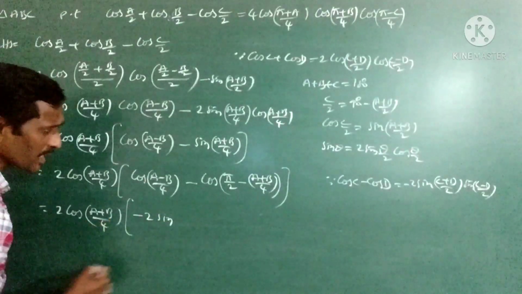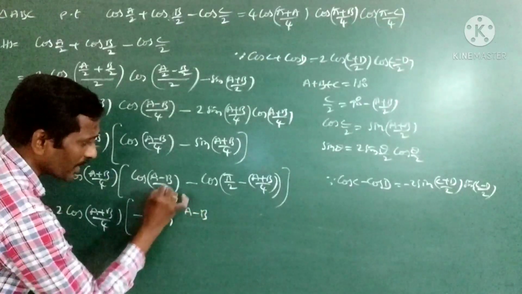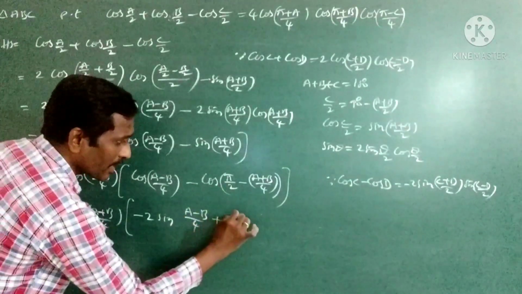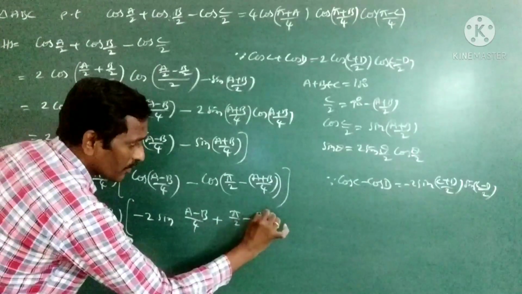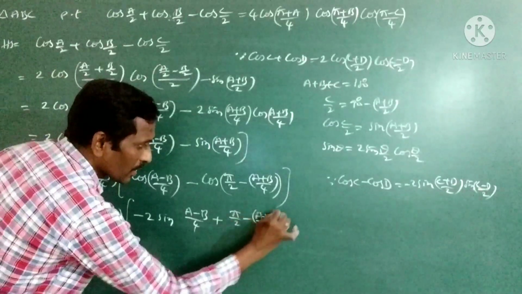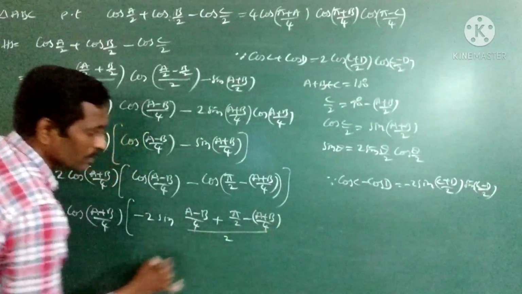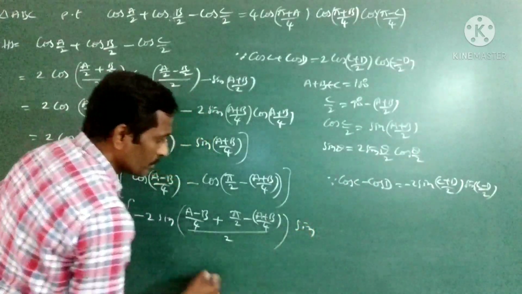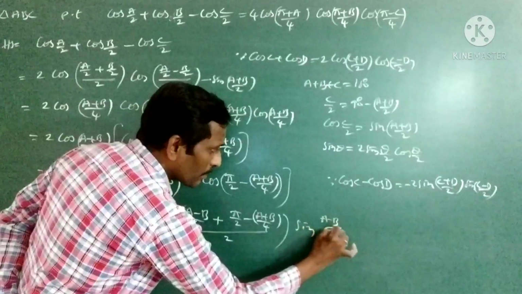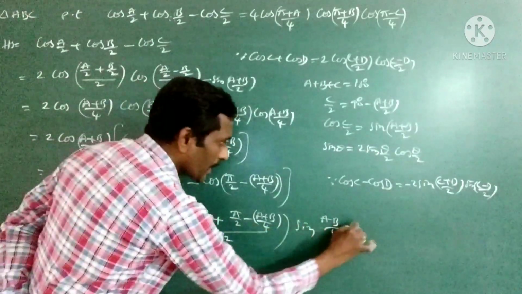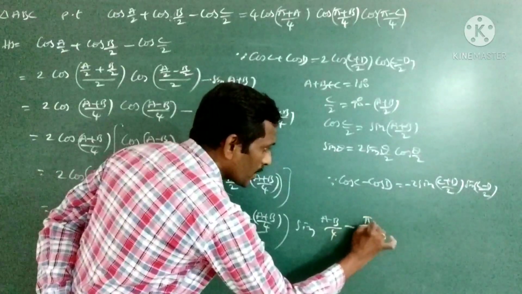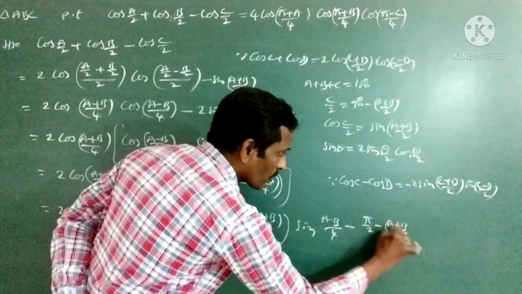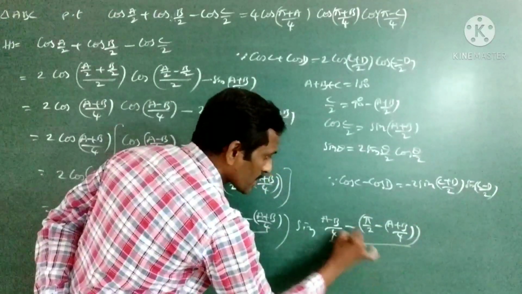See, minus 2 sin function C with the value A minus B by 4 plus sin D with the value pi by 2 minus of A plus B by 4, by 2, into one more sin function C minus D by 2, A minus B by 4 minus sin of 90 minus this one, A plus B by 4, by 2 as this.